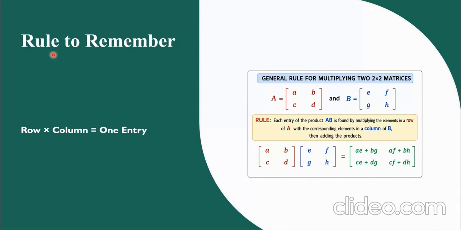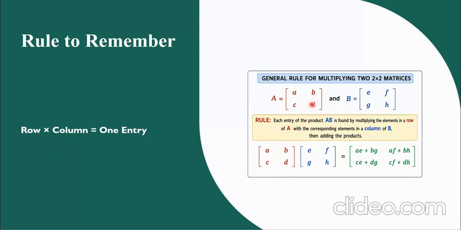So under multiplication of matrices, this needs to be remembered every day. Row times column equals one entry. So we have matrix A, matrix B, we want to multiply.